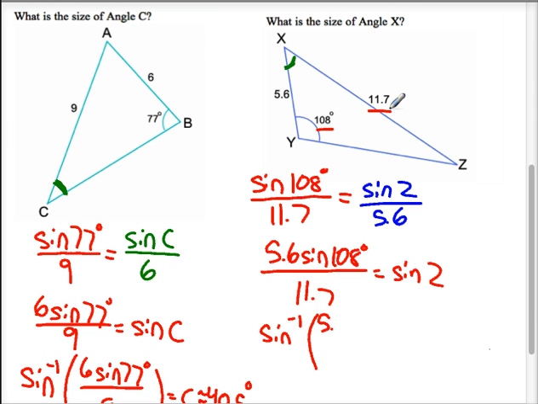Because remember, whenever you're looking for an angle, you should know to inverse sine. All right, so let me type that into my calculator. So inverse sine of 5.6 times the sine of 108 divided by 11.7, I get 27.1 degrees.